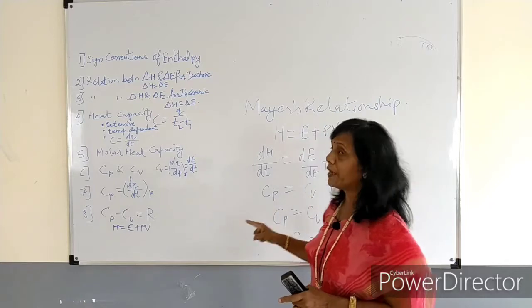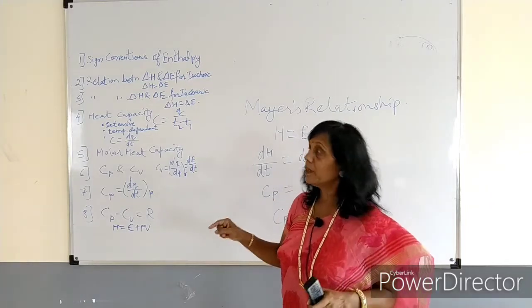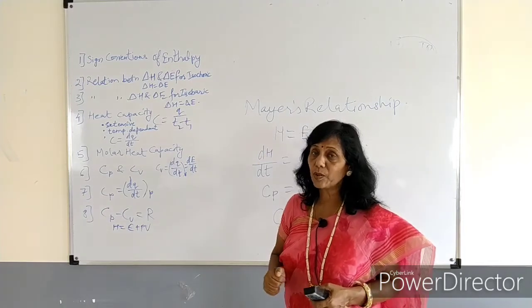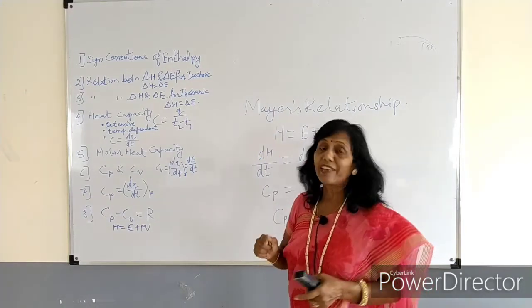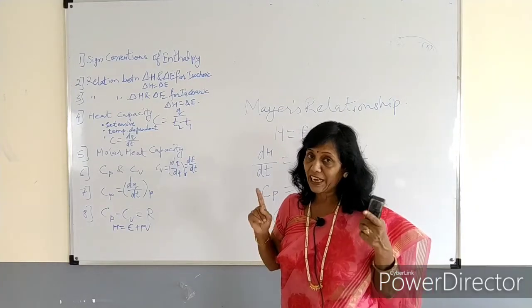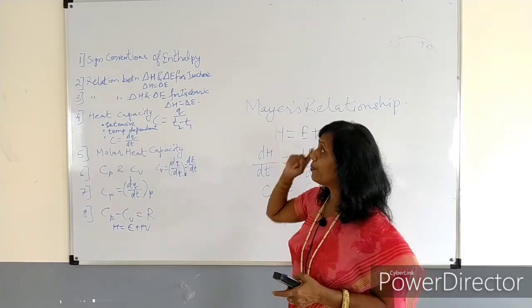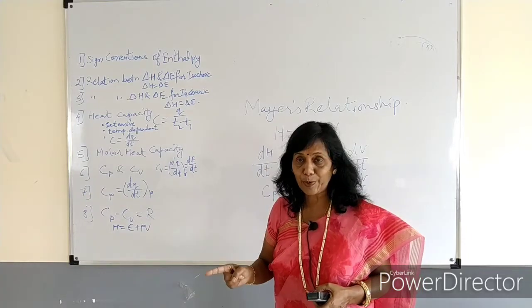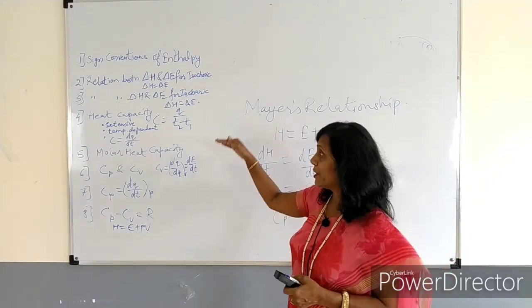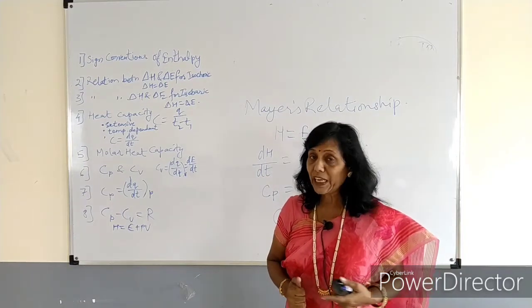So with this, today's discussion is complete. We have discussed the sign conventions of the enthalpy. Then we discussed the relationship between delta H and delta E for isobaric and isochoric processes. Then we came to the new point of today's lecture, the heat capacity.